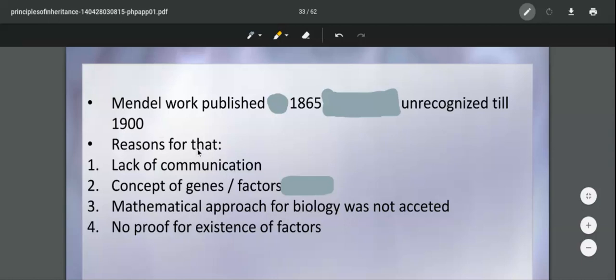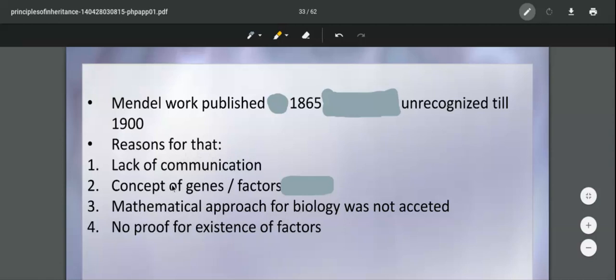And in your book, they cite several reasons for that, the first reason being lack of communication. So today we know that scientists are always communicating and sharing knowledge, but back then that sharing and communication was very less.